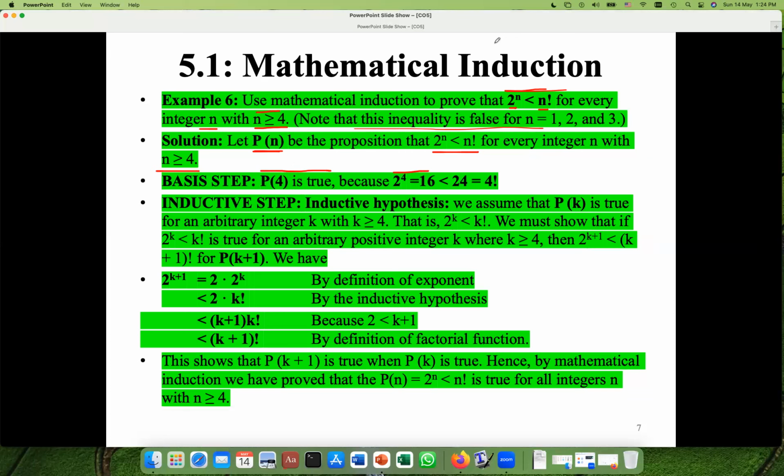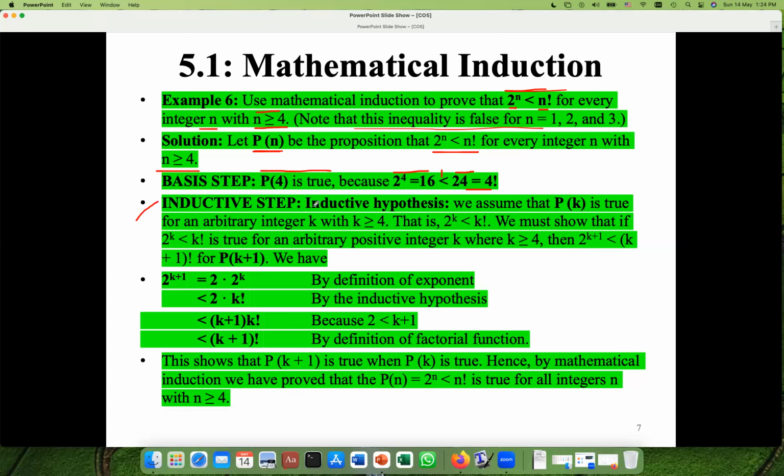And then what do you have? 24. So 16 is less than 24. That is true, since you have the less than condition. So 16 is less than 24, which is the factorial of 4. So it's true.